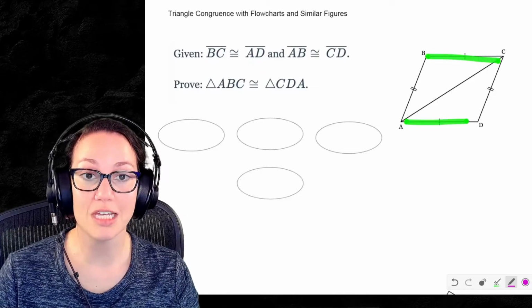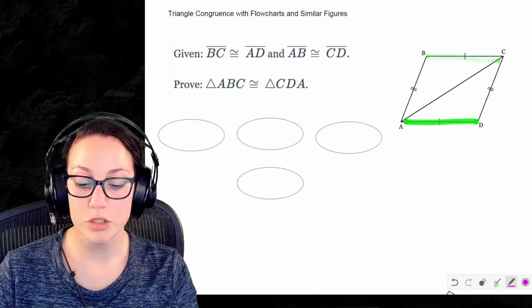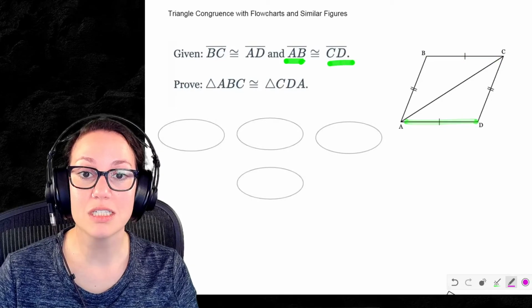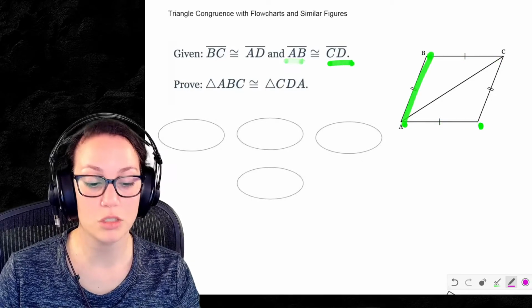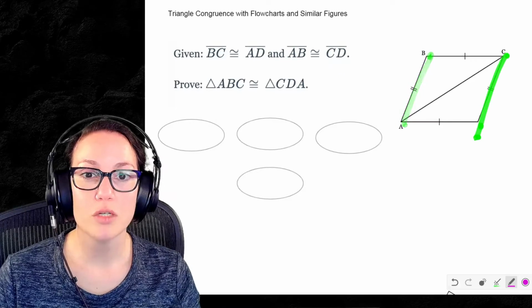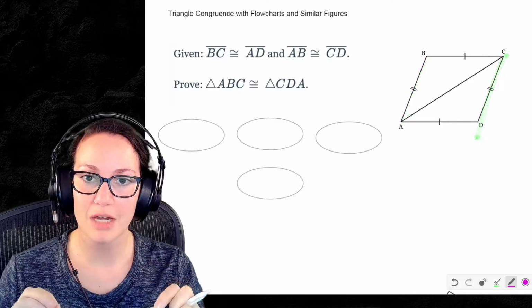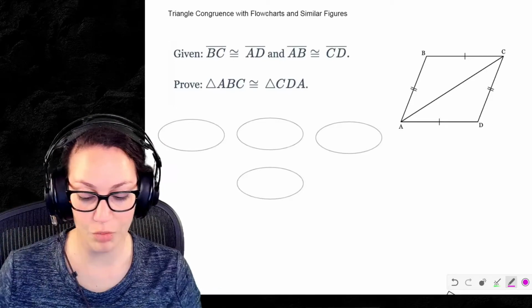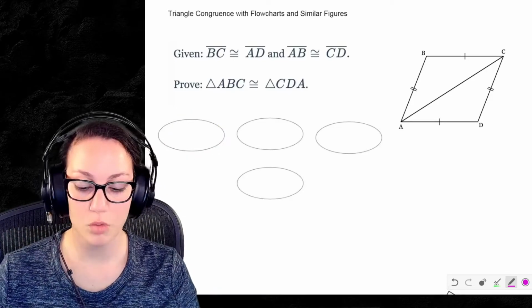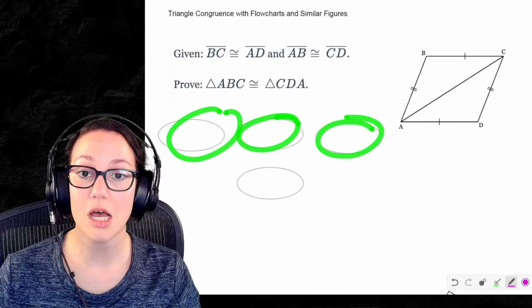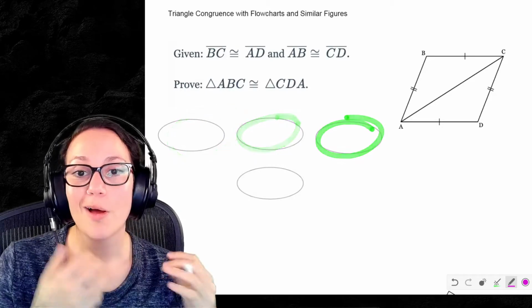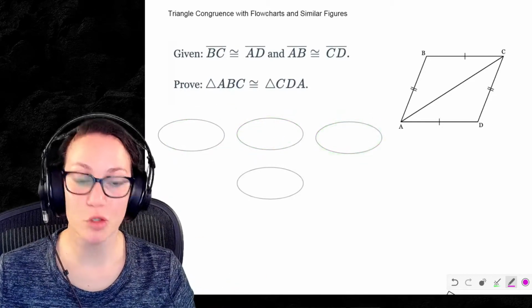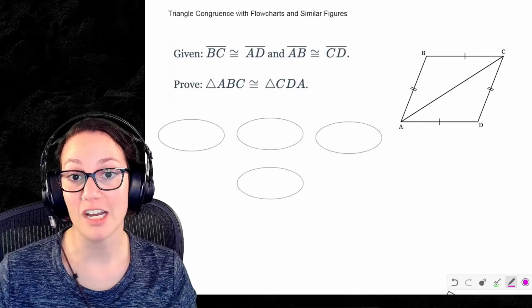BC is congruent to AD. And we also have that AB is congruent to CD. Notice that order, right? The order matters. So I'm going to add both of those as givens. Notice that we just have three starting blocks. So we kind of have most of our proof from our given and our proof.